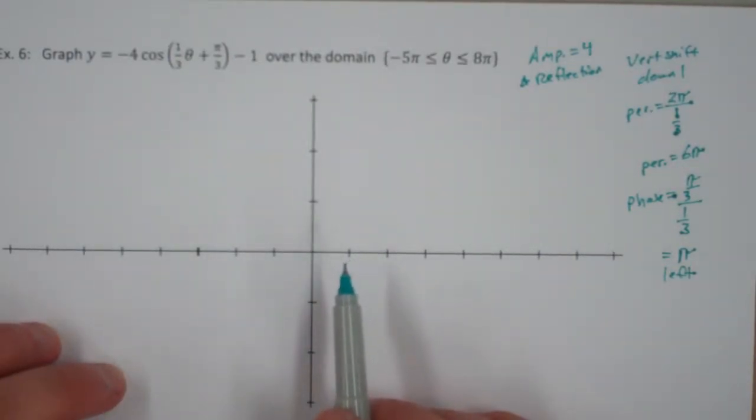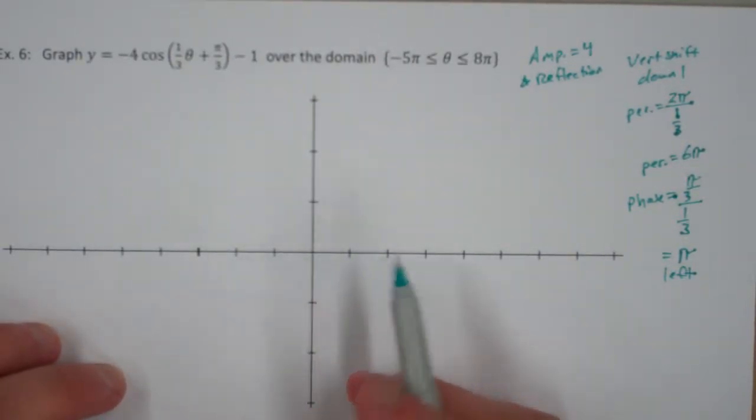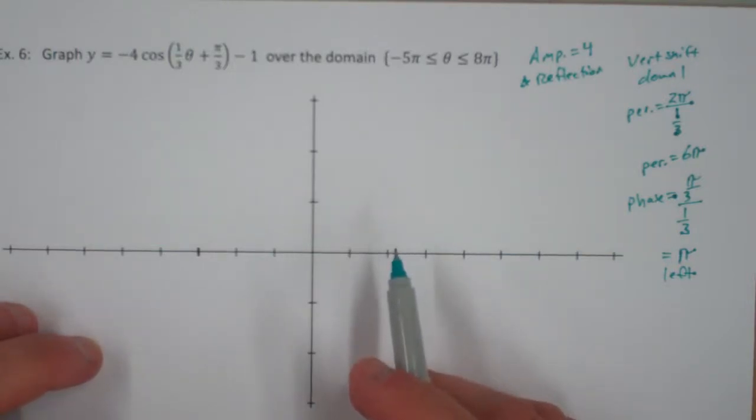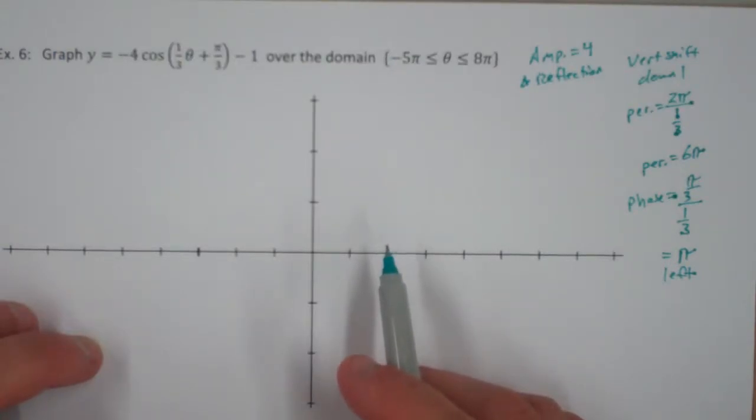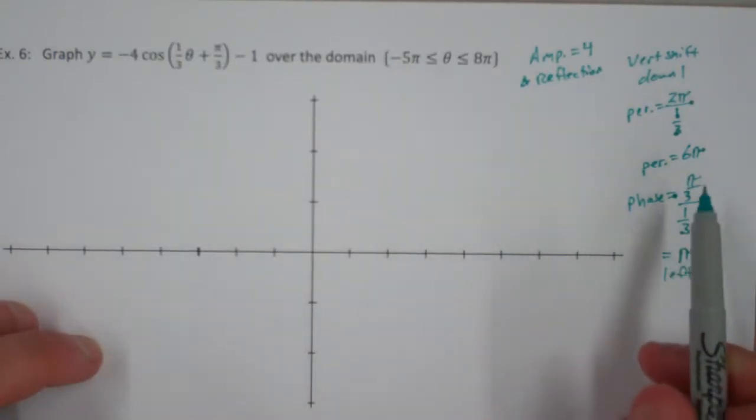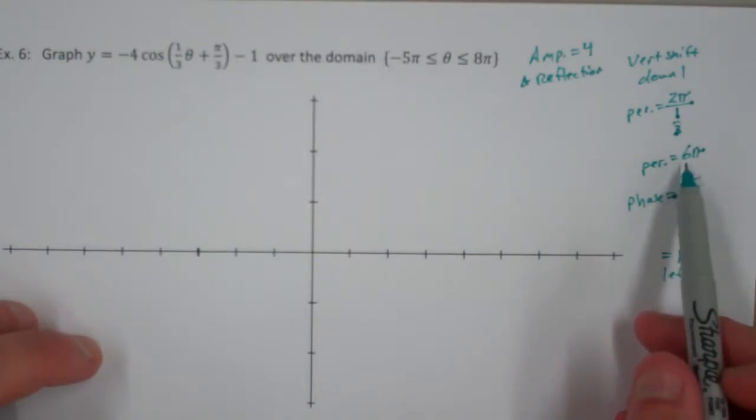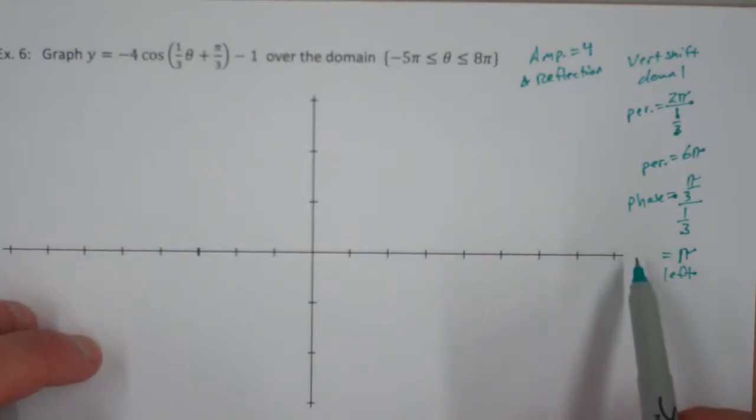So let's try to figure out a good system of labeling. When we try to figure out a good system to label, we want to divide everything up into values that are nice to deal with. You can divide by 4 here, and that would give you 3 over 2 pi as an interval. That's fine.